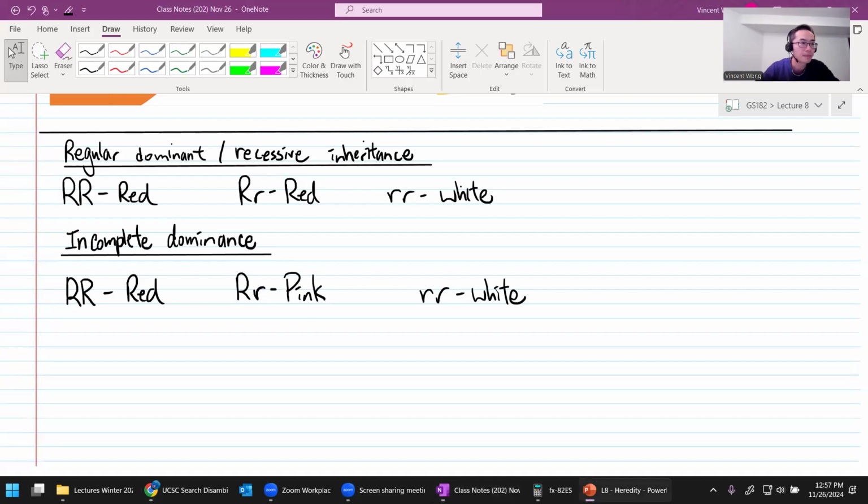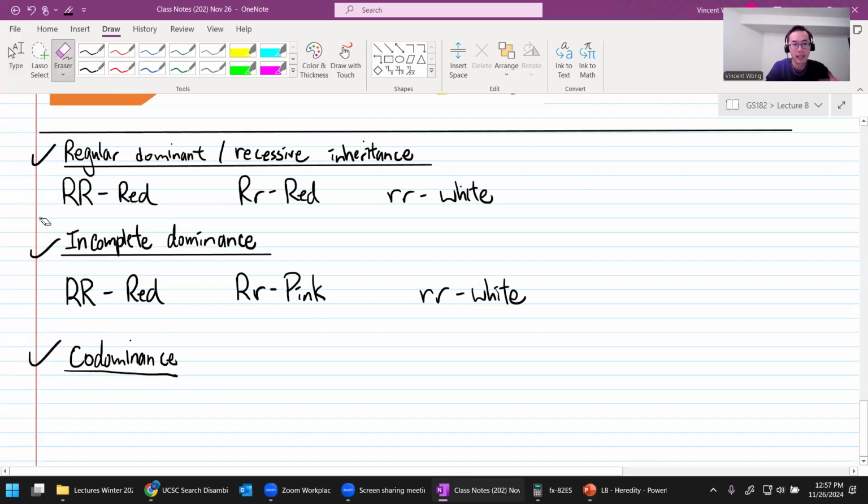Okay. We also have another inheritance pattern called codominance. By the way, for a particular character, it's either this or this. It cannot be all at the same time, okay? It has to be a particular mode. So for codominance, big R is red, small r is white, okay?